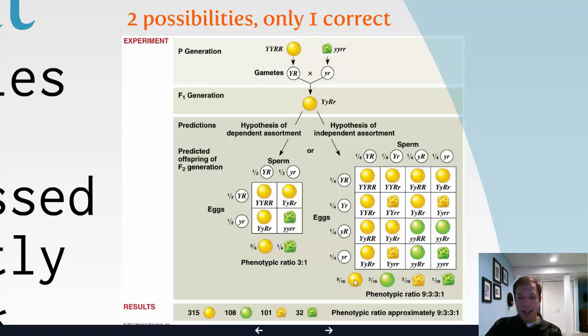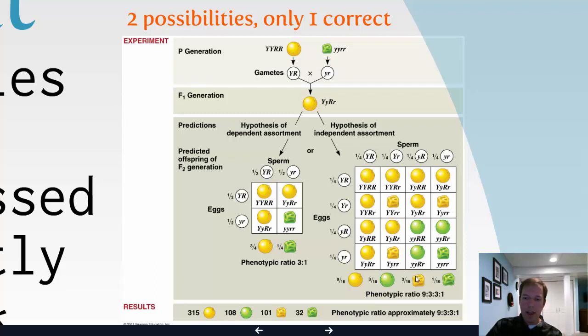So how many of the offspring are going to show dominant for both traits? How many are both round and yellow? You can see that there's 1, 2, 3, 4, 5, 6, 7, 8, 9. So that's 9 out of 16 that are dominant for both traits. How many are going to express one of the dominant traits but not both? Those would be yellow and wrinkled, 1, 2, 3, and green but round, 1, 2, 3.